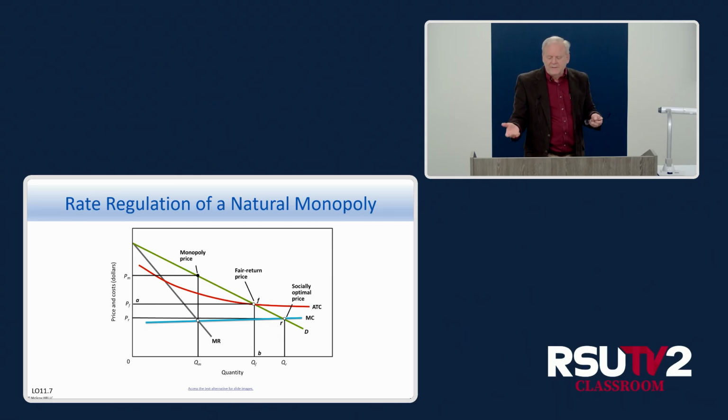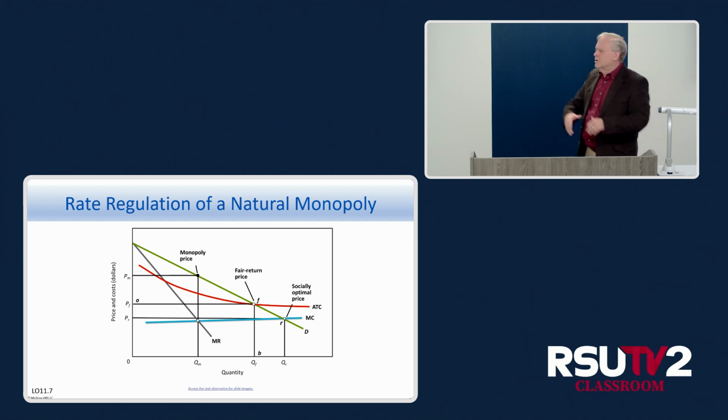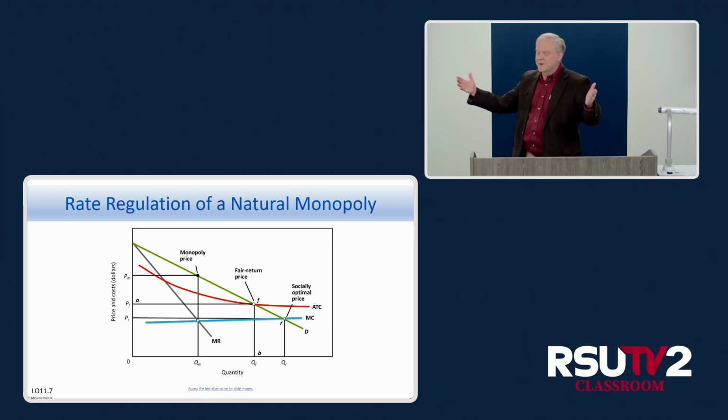And if you have to get there by providing the monopolist a subsidy, well, okay, that might be fine. But again, the problem is you got this guaranteed rate, in this case P sub F, that the monopolist can charge that'll cover all of their costs, regardless of how necessary those costs are.